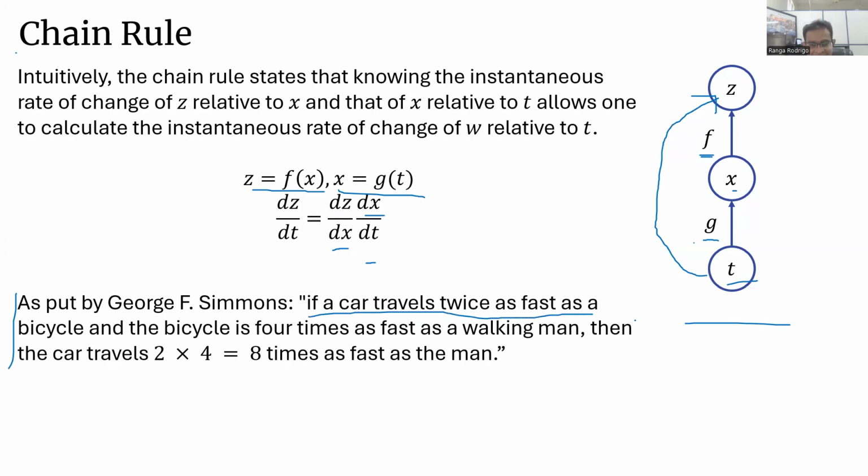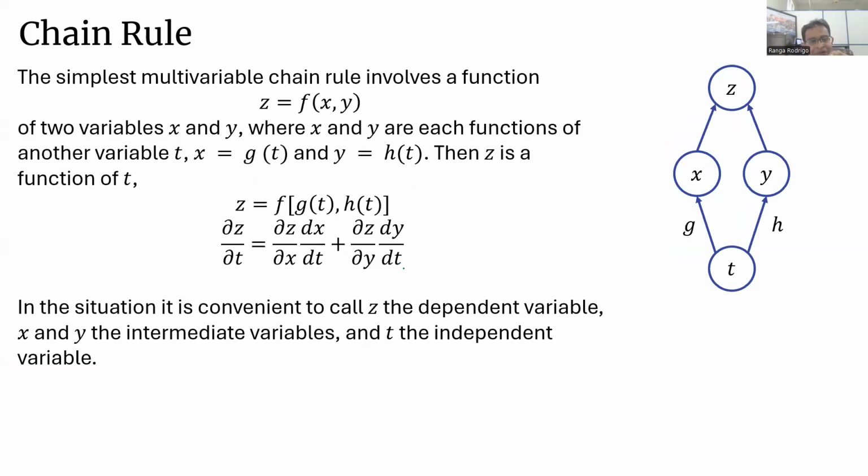This is what you mean by the chain rule. Okay, but now it becomes slightly complicated if you have a computational graph like that. That means Z is a function of x and y, and Z is a function of t through this relationship. Then the partial derivative of Z with respect to t is the partial derivative of Z with respect to x times dx by dt, plus the partial derivative of Z with respect to y times dy by dt. Some of you may know these rules from high school. In this situation, it is convenient to call Z the dependent variable, x and y the intermediate variables, and t the independent variable.